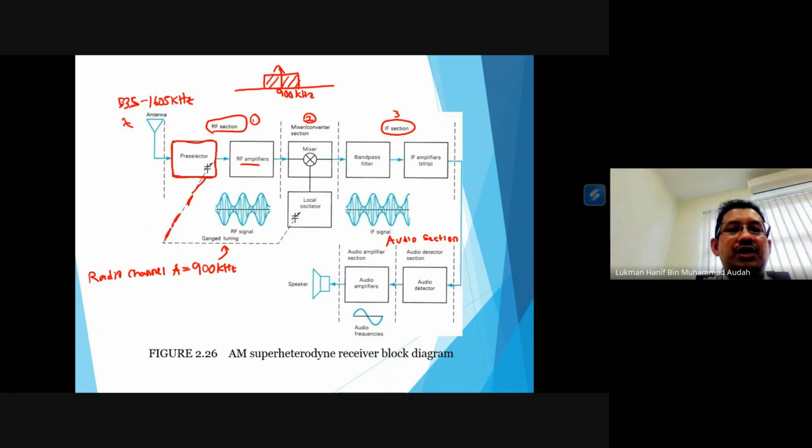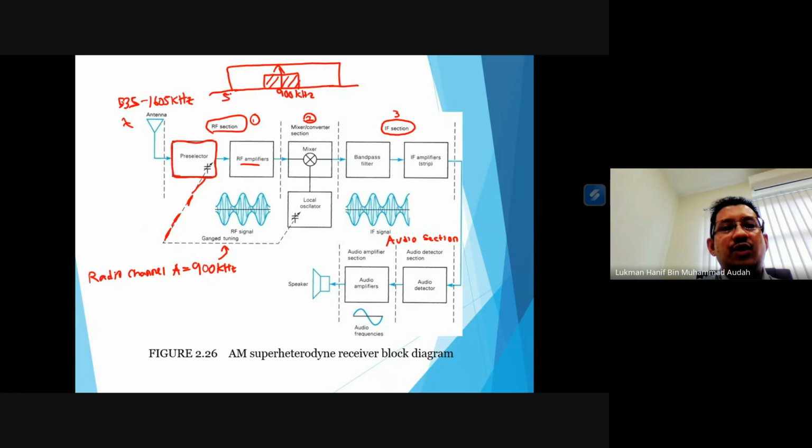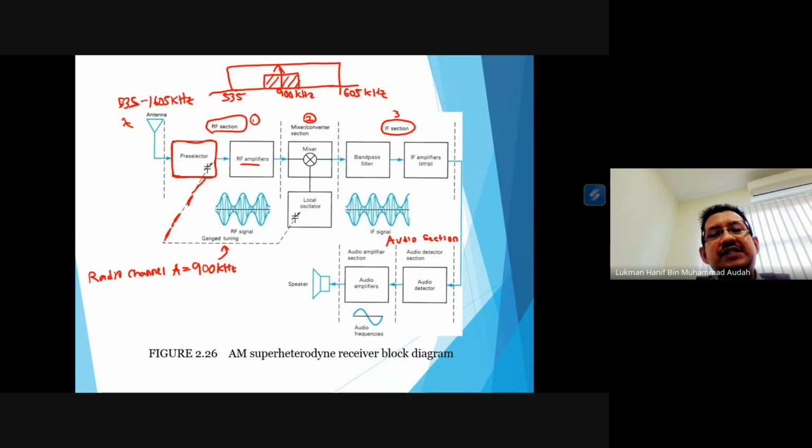Initially, the antenna receives from 535 until 1605 kilohertz. So when I give the instruction that I want to listen to 900 kilohertz, the pre-selector will set the center frequency at 900 kilohertz, limit the bandwidth to a specific bandwidth, and let it pass through the system.